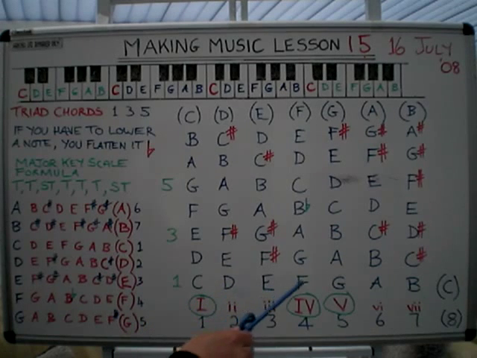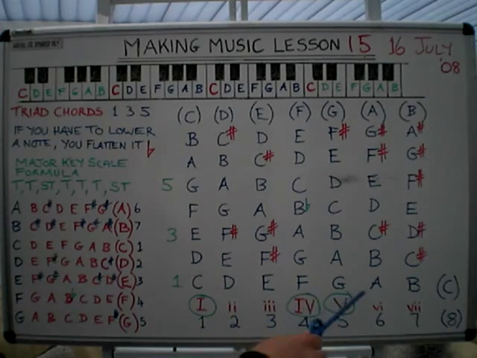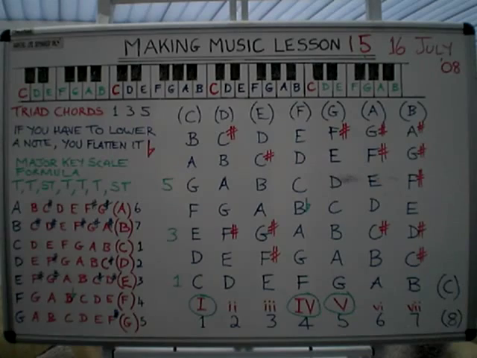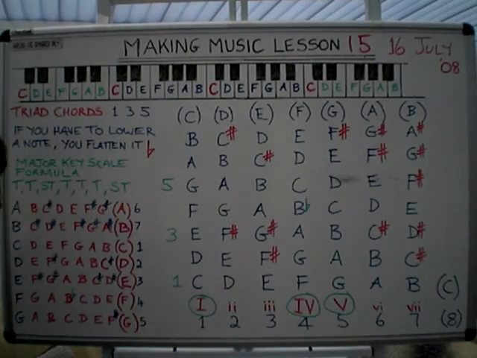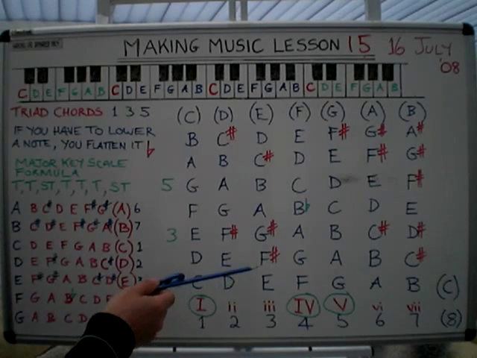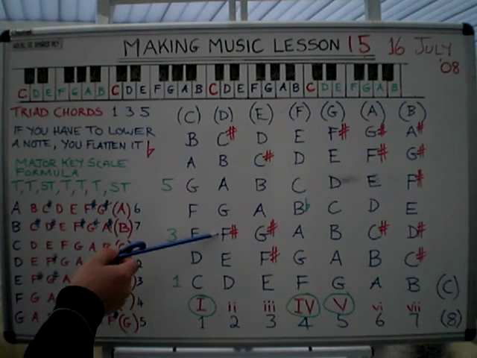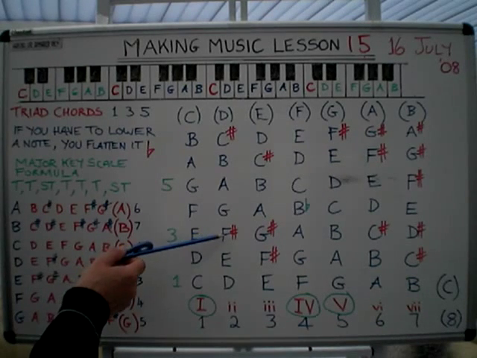This is the oddity, but the A is okay. The one that's going to have to be changed is this F sharp. It's going to have to be lowered and it will just be an F.